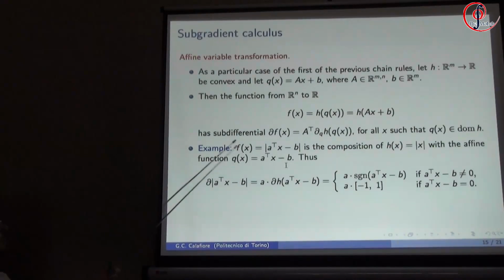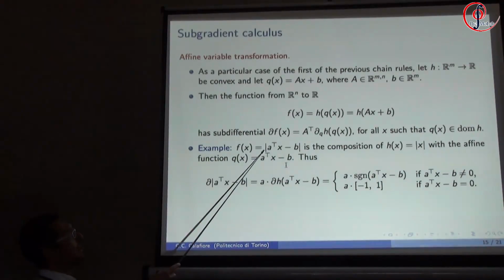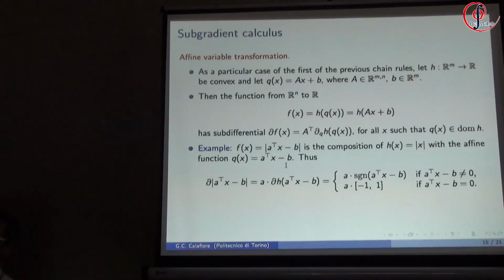For instance, take this function. We considered before the absolute value function of x, but what if we have the absolute value of A transpose x minus b? So this is the absolute value of a linear function of x.